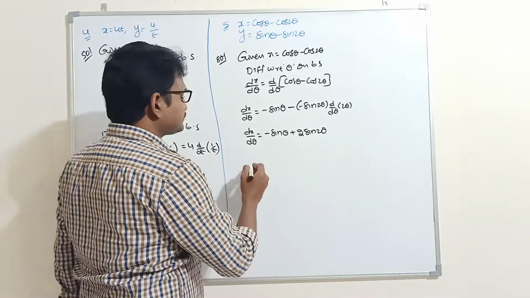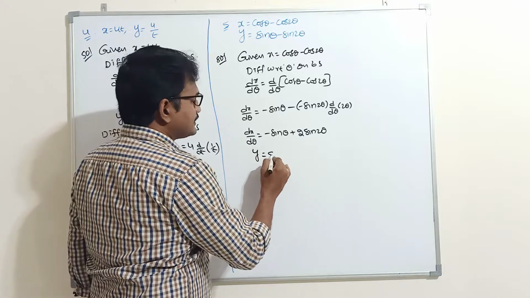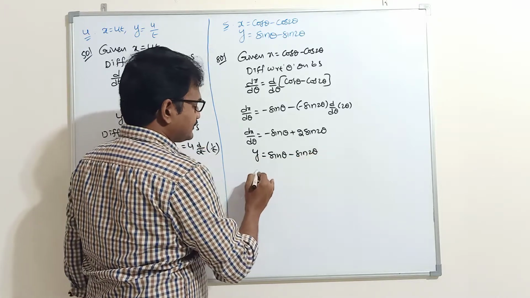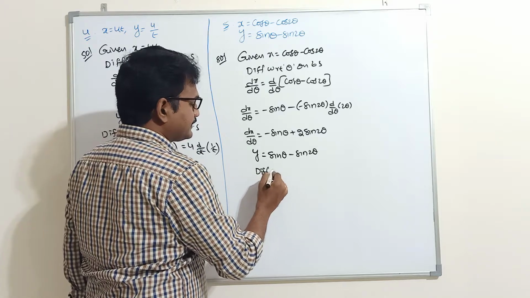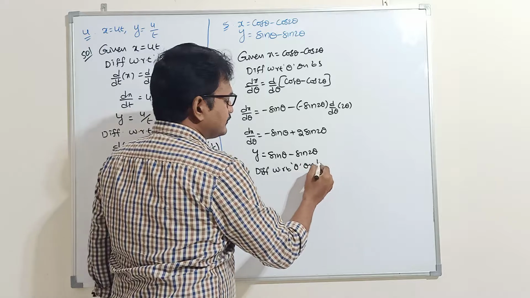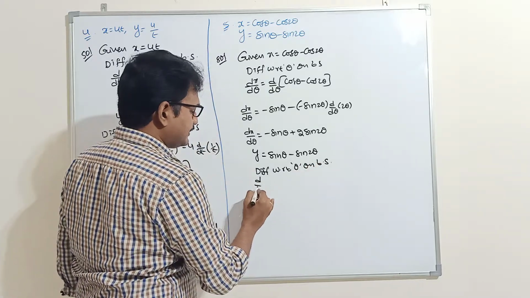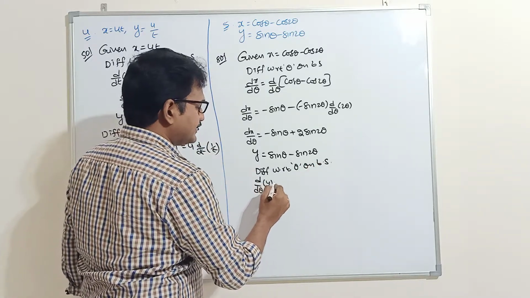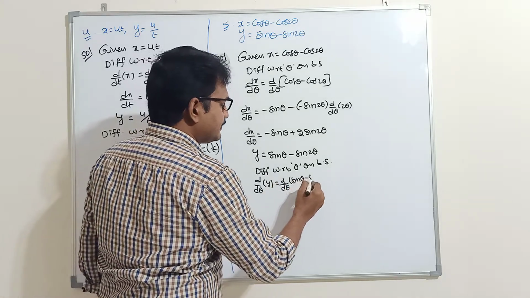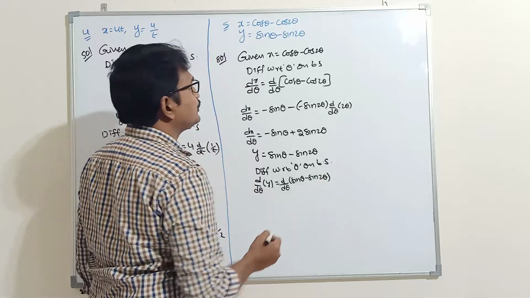Next, y. y is equal to sin theta minus sin 2 theta. So differentiating with respect to theta on both sides, d by d theta of y is equal to d by d theta of sin theta minus sin 2 theta.